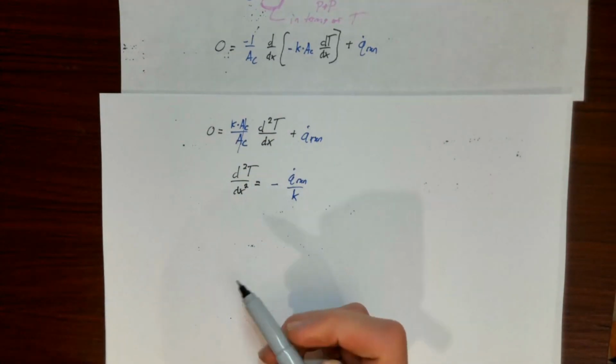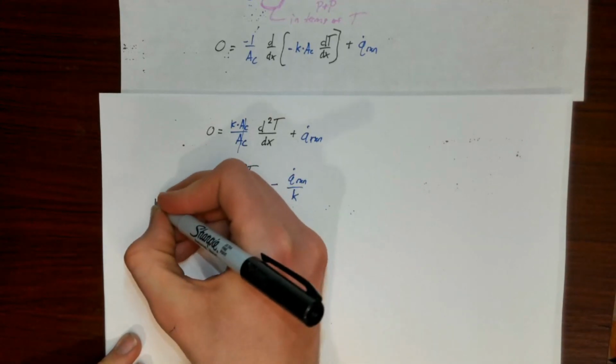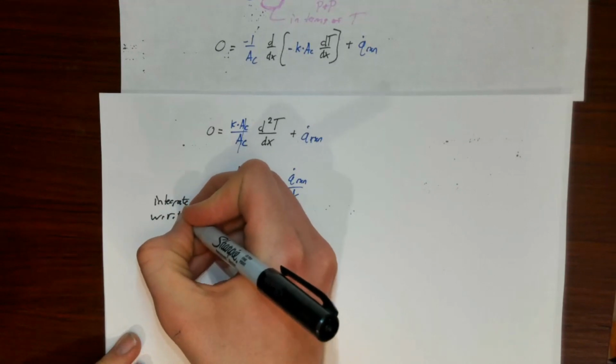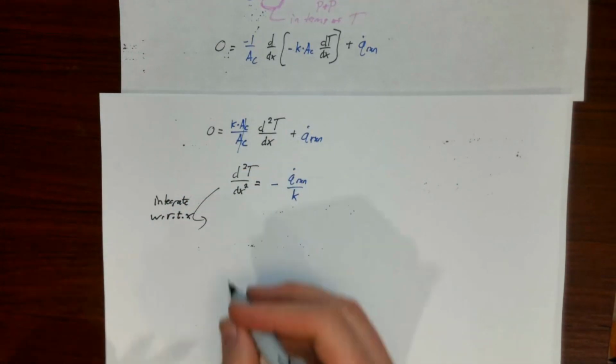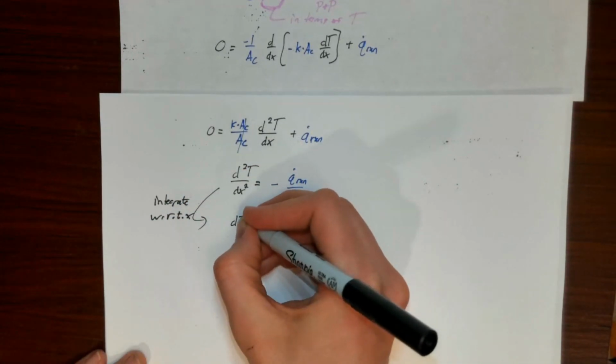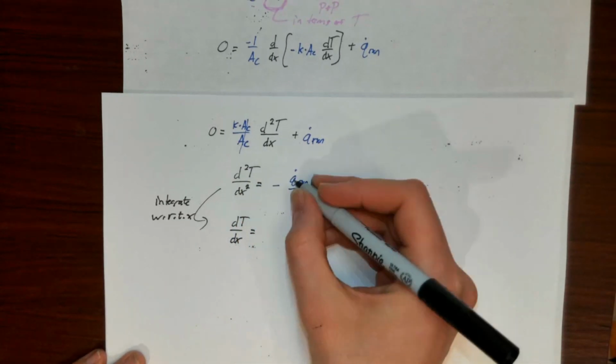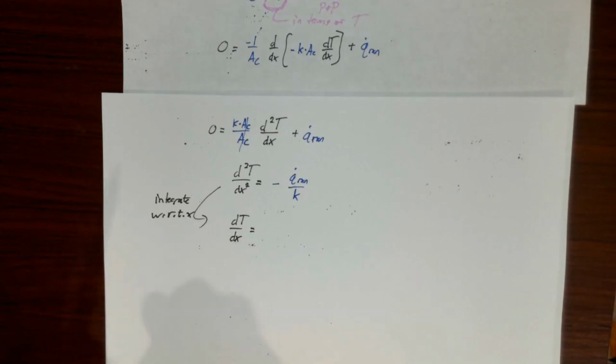So what can I do? Well, I can take this differential equation and I can integrate with respect to x. When I integrate the second derivative, I get the first derivative. When I integrate the right-hand side, well, these are just constants with respect to x.